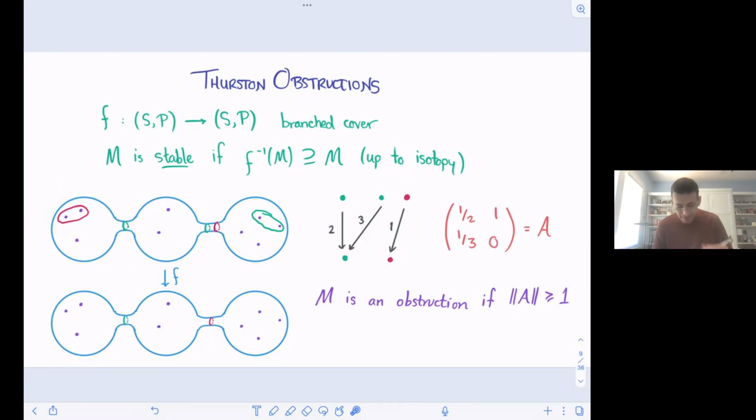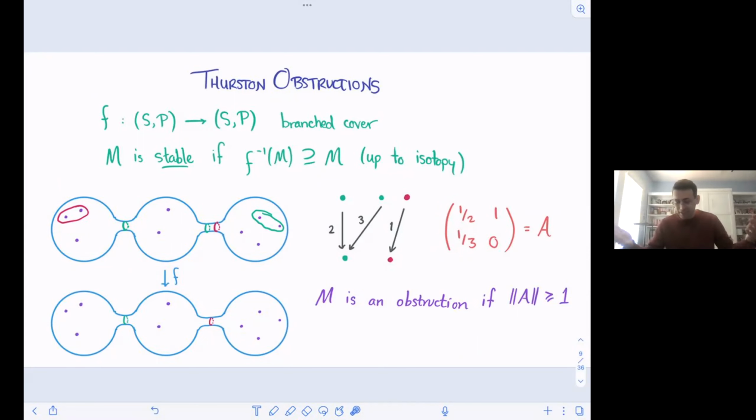And if I had another green curve here, I would have to add that to one of the entries of the matrix. So this green curve was the 3. If there was another degree 2 curve right next to it, which could happen, then I would have to do 1/3 plus 1/2 here. So for each of the curves in the original multicurve, you look at all the preimages that are homotopic to the original multicurve.